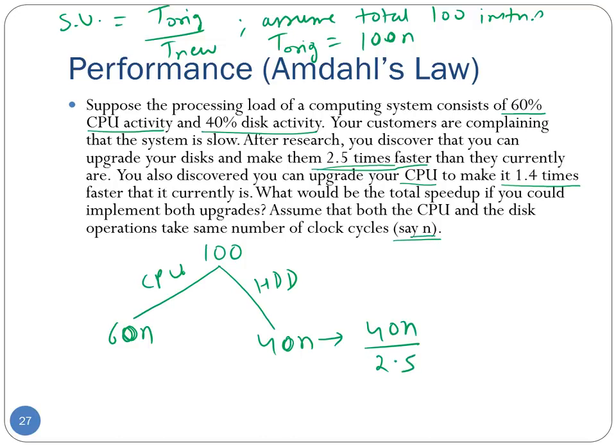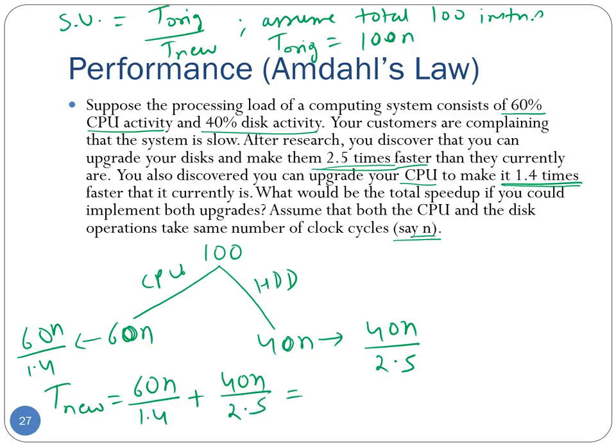Similarly, if you can speed up the CPU by a factor of 1.4, this 60n will reduce to 60n divided by 1.4. So the new time, T new, will become 60n divided by 1.4 plus 40n divided by 2.5. If you do the math, you'll find this comes to 58.86n.